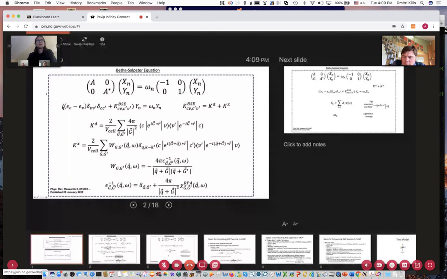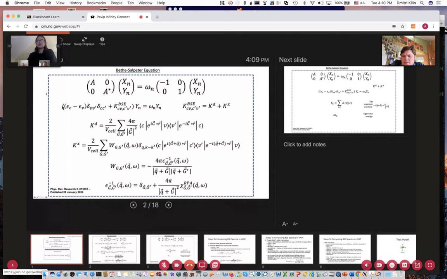From the reading that I've done, this top equation, the so-called Casida equation, is a formalism to compute Coulomb interactions, and the formalism is essentially the same.